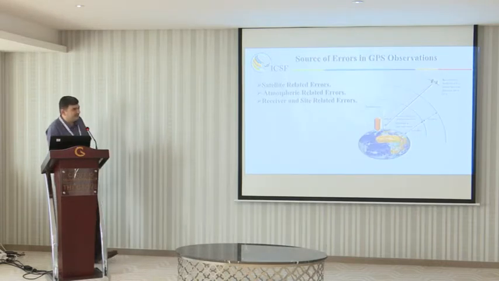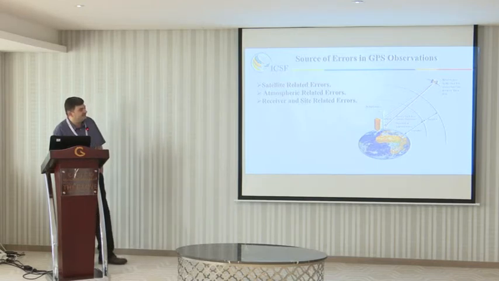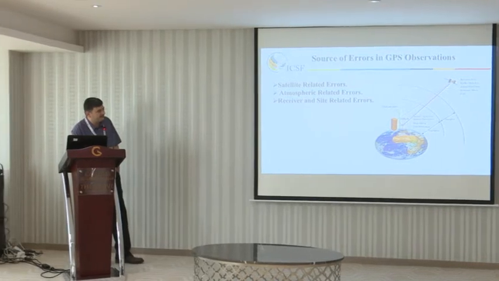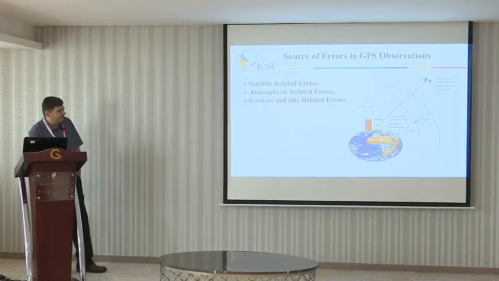Now, the signals coming through the GPS have too many errors affecting them. We start with the hardware of the satellite and its movement over the orbit, and then the signals transfer through different layers like the ionosphere and troposphere. The third one is the site here.